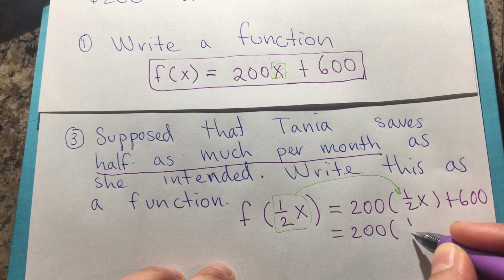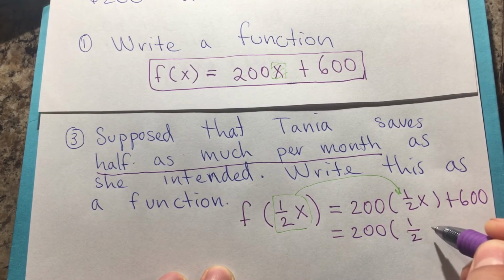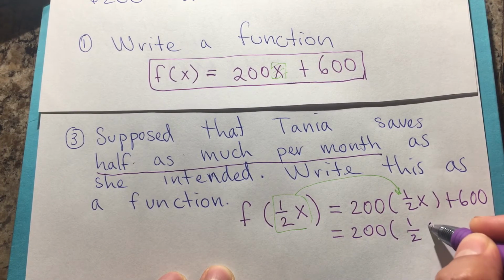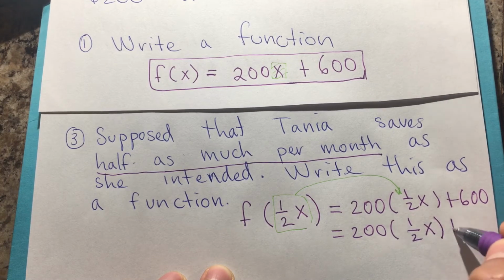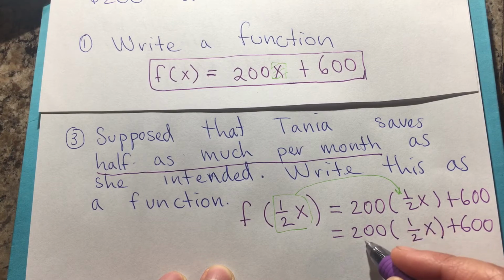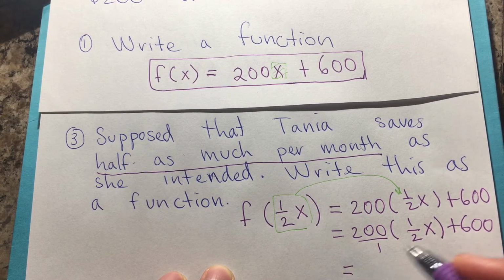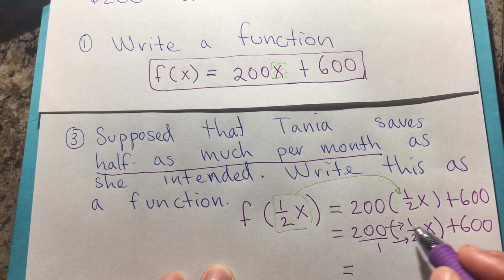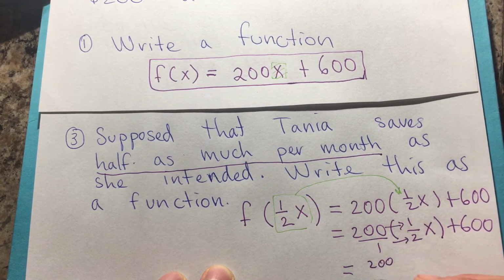So bring it down, 1/2 x plus 600. When we have a fraction, we put it over 1 and we multiply straight. If you remember from the modules, 200 times 1 is 200, 1 times 2 is 2.